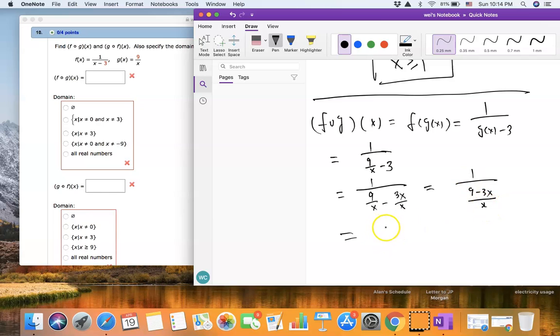This is equal to x over 9 minus 3x. When 1 is divided by a fraction, this equals the reciprocal of the fraction.